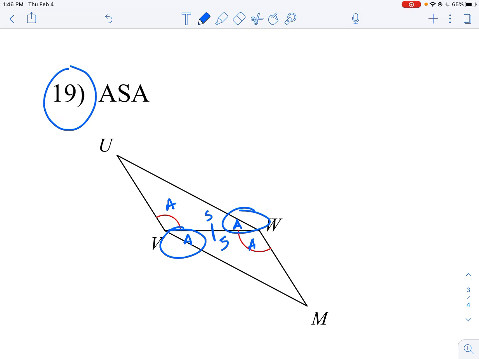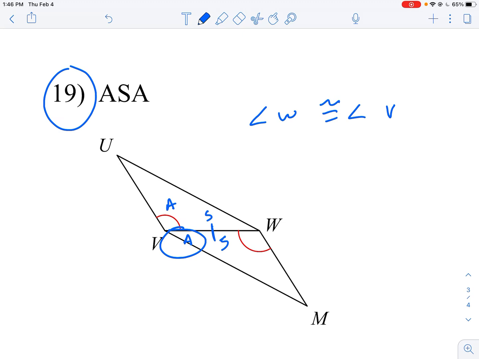Well, we can't just write angle W congruent to angle V this time. And the reason for that is because at W, there's multiple angles. We have this one that already has a congruence mark. We got this angle. There's actually a third angle that goes across the whole thing. And if you just write angle W, that's not descriptive enough.